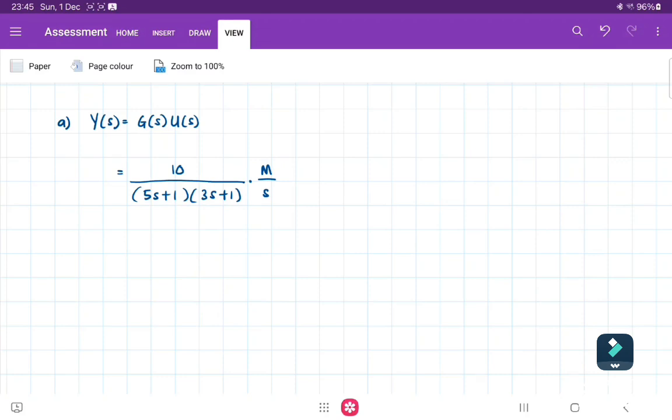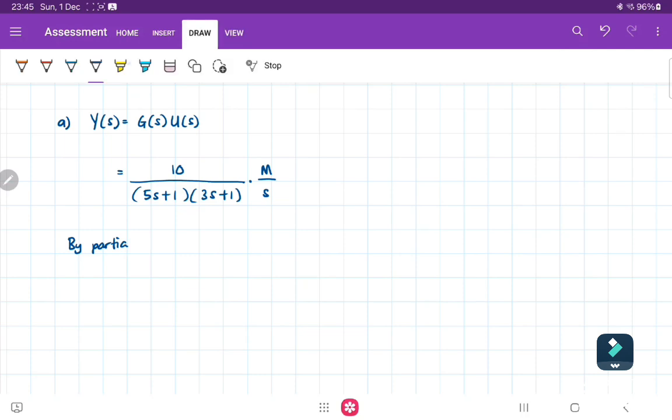First of all, we need to do a partial fraction. Why do we need to do partial fraction? Because we need to determine the numerator for each of the roots that we have here. As you can see, we have 3 roots.